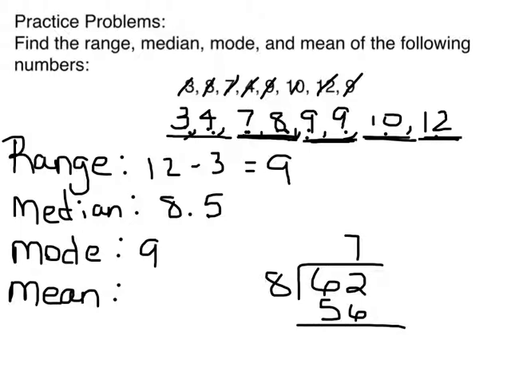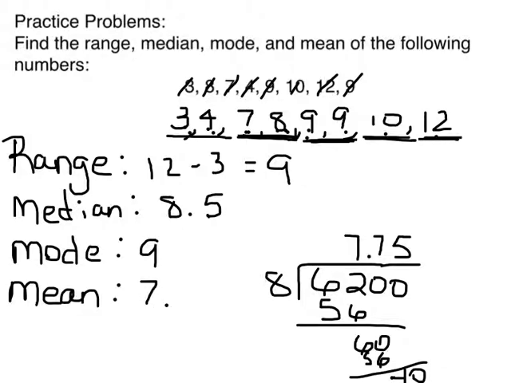That's 56. Let's see, 8 into 60 again goes 7. That's 56. 4. 8 into 40 is 5. So 7.75 would be the mean.